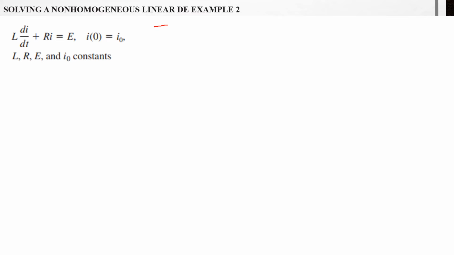So the first thing we need to do is to transform this equation into the standard form. This means that we have to divide all of these by L. This becomes di/dt plus R over L times I is equal to E over L. We take note that R and L are constants, so anything constant divided by constant is constant.